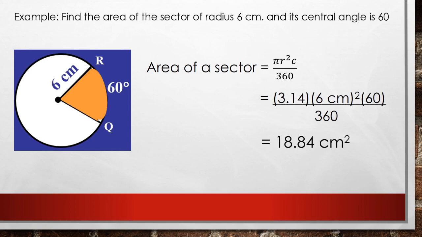That becomes 36 times 60 times 3.14. Then, the product divided by 360. So, we will get 18.84 square centimeters.